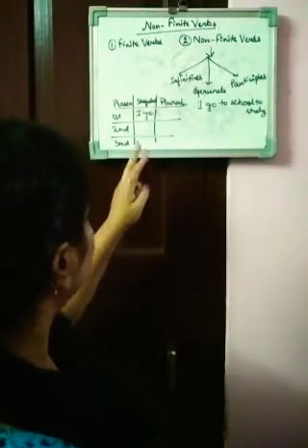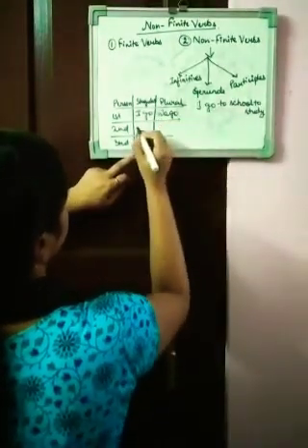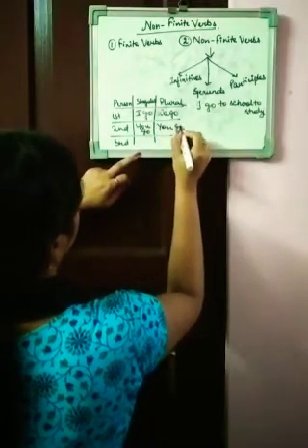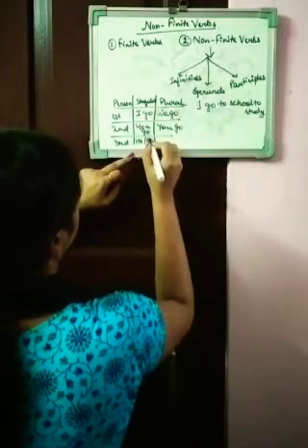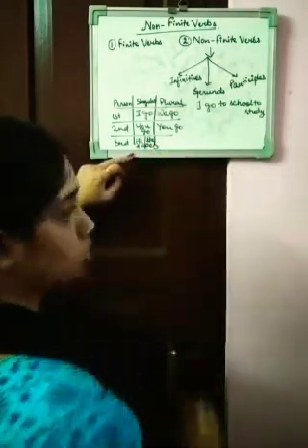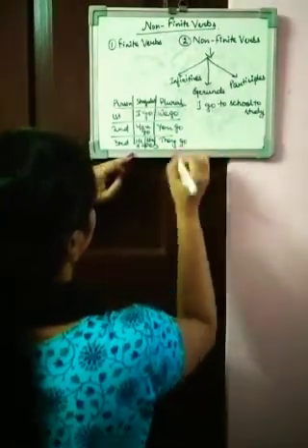Then here it should be: we go, you go, he, she, it goes, and they go.